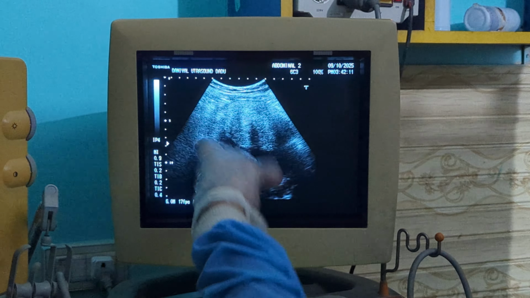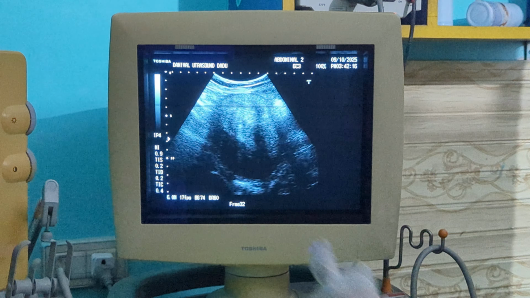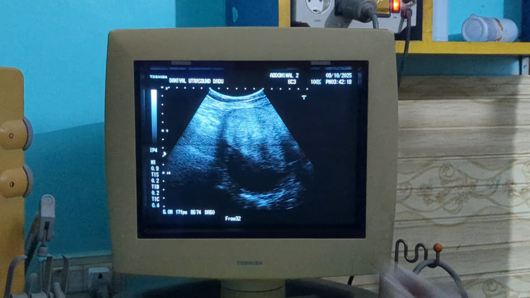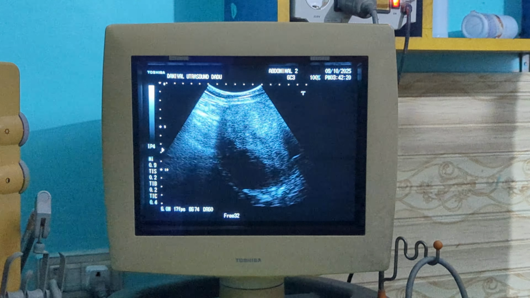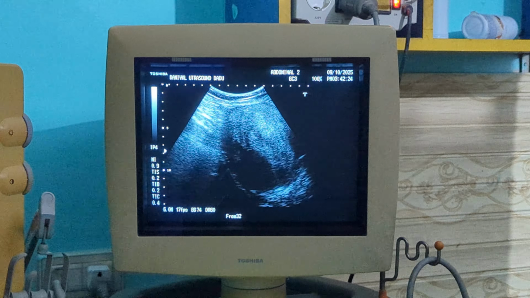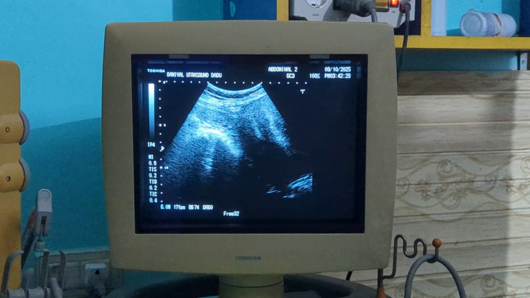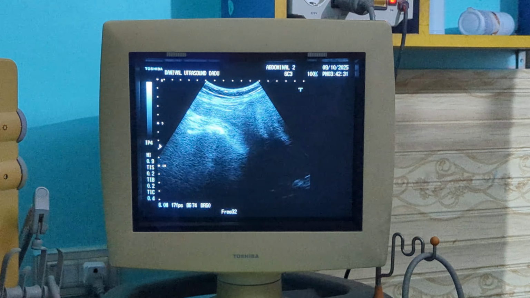So this is an irregular echogenic mass anterior to the uterus, closely abutting the uterine surface, almost indistinguishable from its anterior borders.